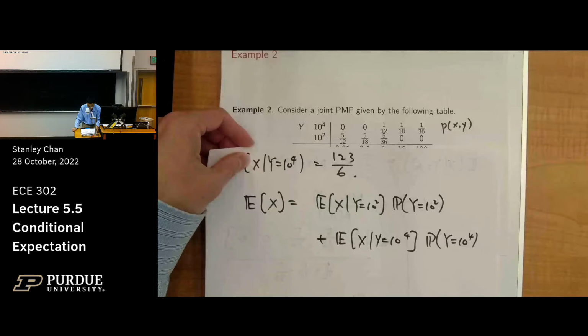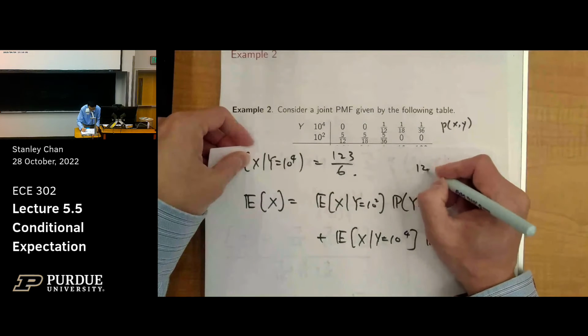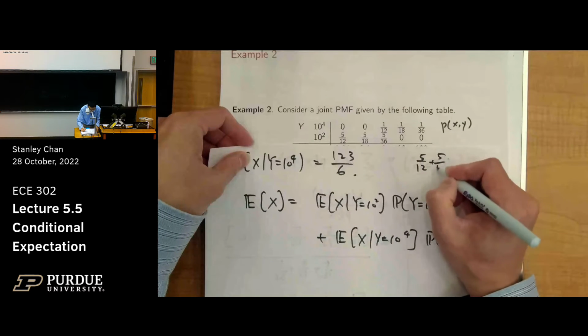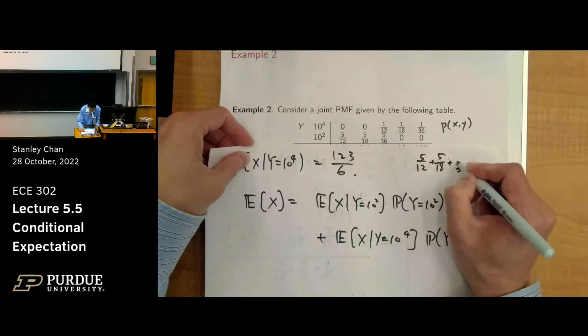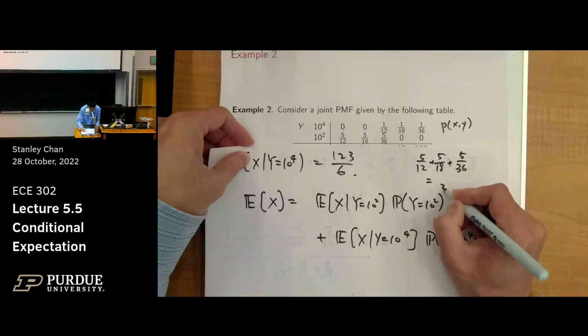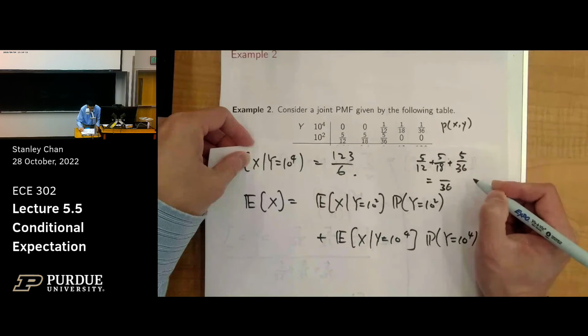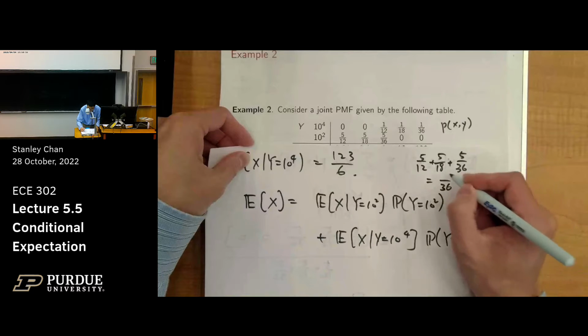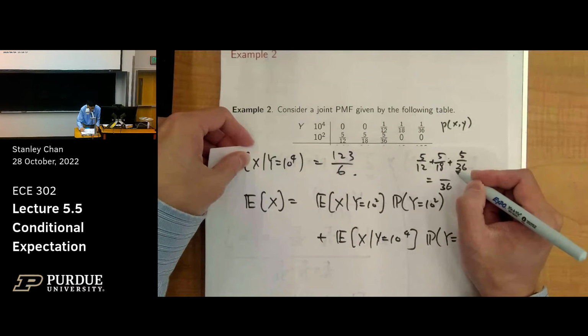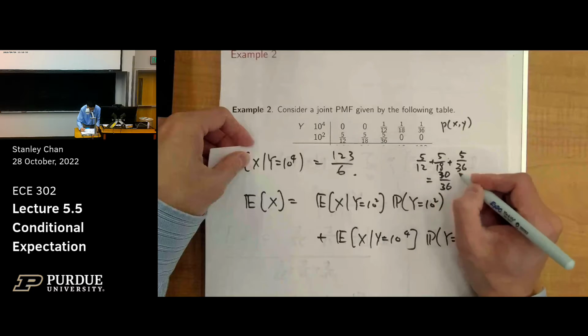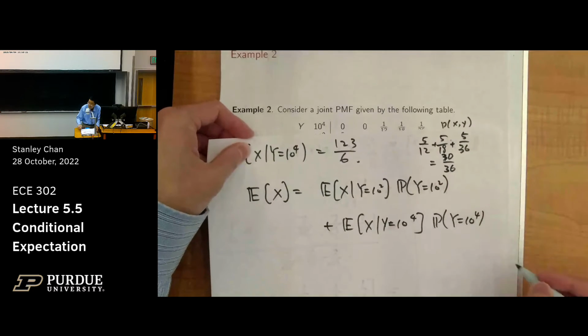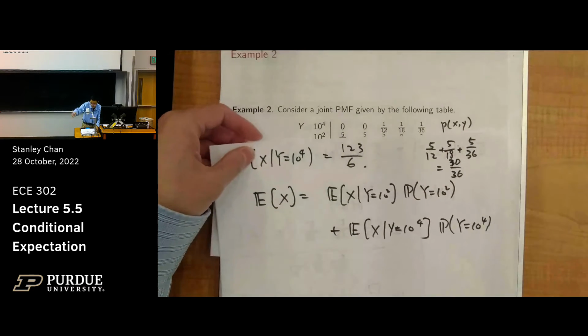You guys need to help me calculate this. So 12 over 5 plus 5 over 18 plus 36 over 5. So this is 36. This is 30? Okay, I trust you, so you take the responsibility.